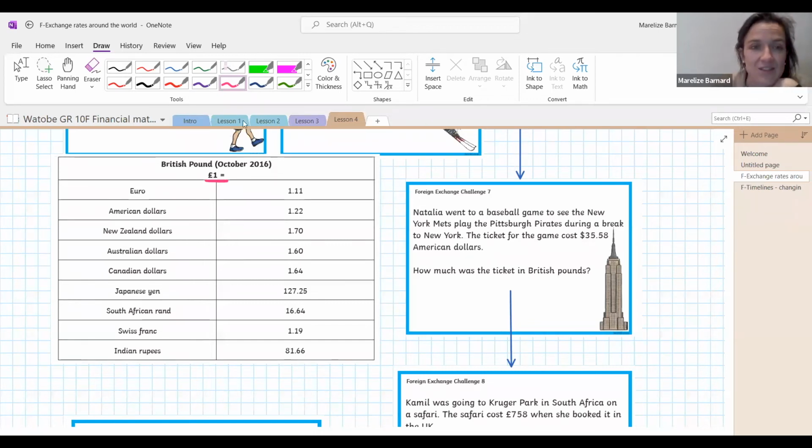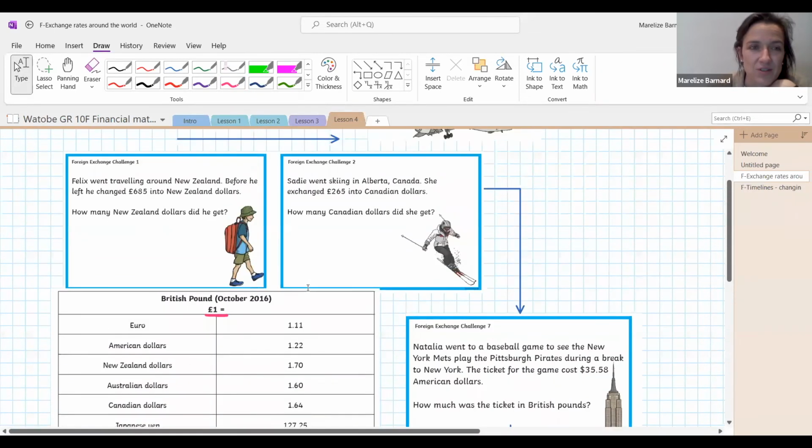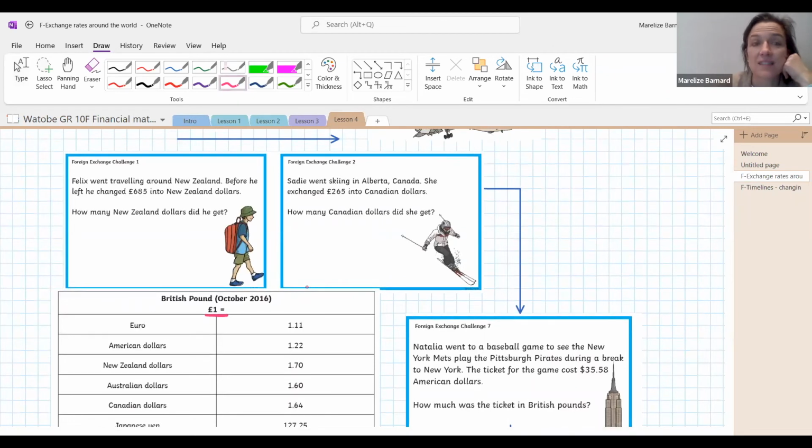Okay, so let's see where we are starting. So Felix, when traveling around New Zealand, before he left, he changed £685 into New Zealand dollars. How many New Zealand dollars did he get?